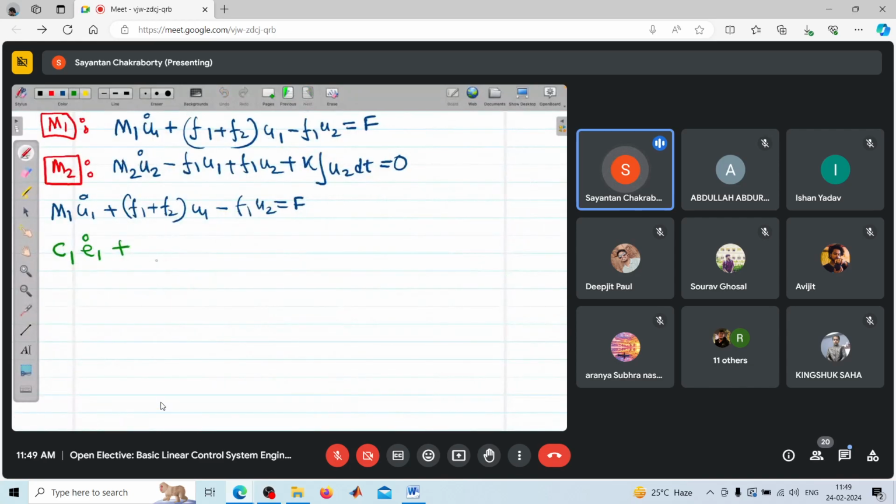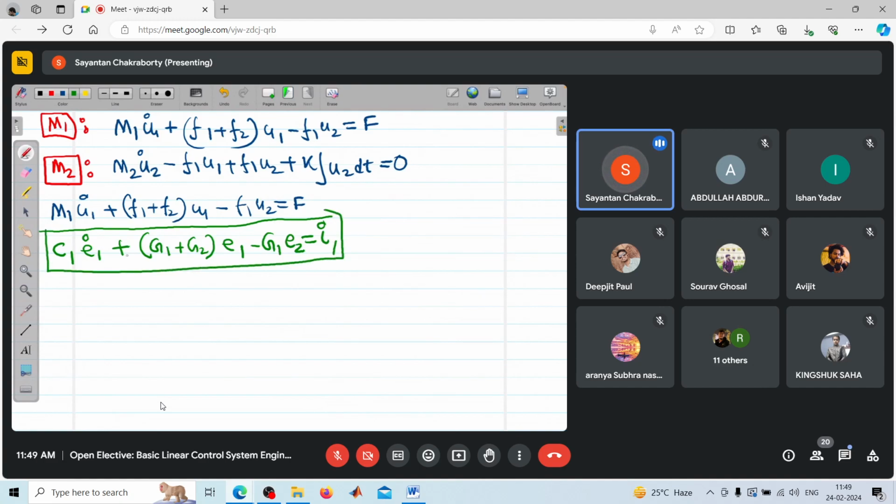So instead of writing 1 by R, I'm just writing G, that is the conductance. So this will be (G1 plus G2) E1 minus G1 E2 is equal to I. So current analogy. So this is one set of equation. Here we have a node E1 and a current source I.